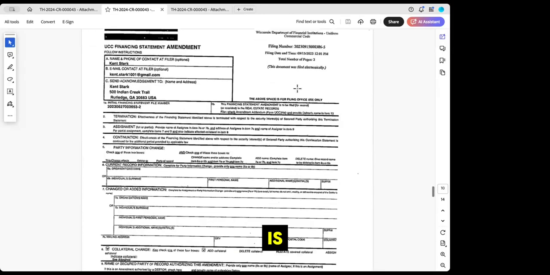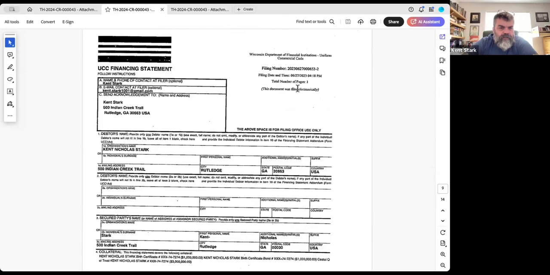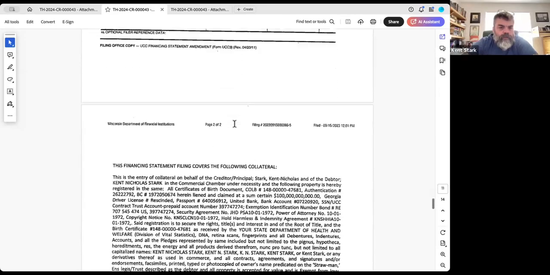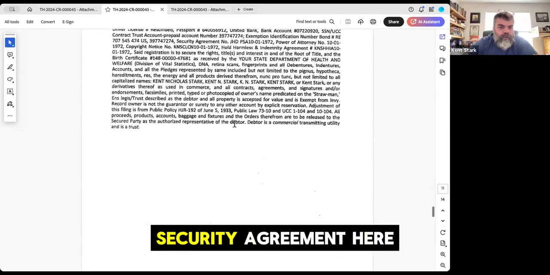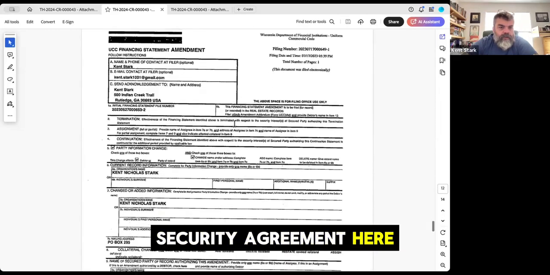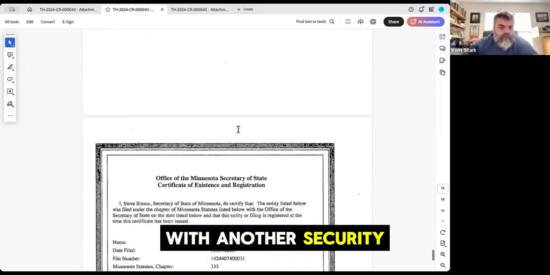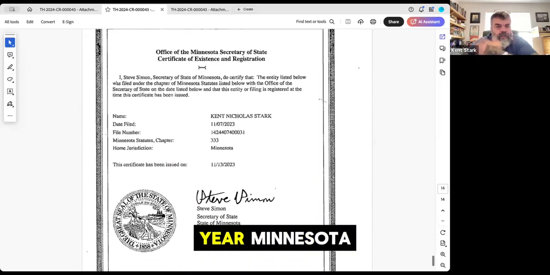This one here is just the all caps name, and then the security agreement here, and then that's an addendum with another security agreement. And then this here, Minnesota is one of the states that allow you to do this.